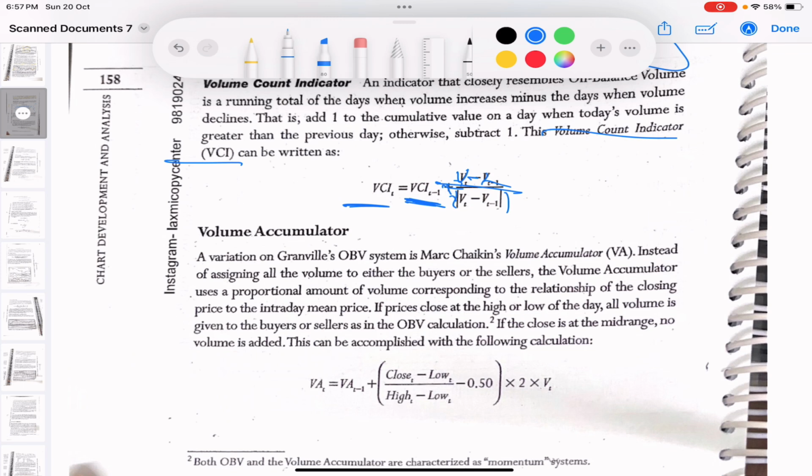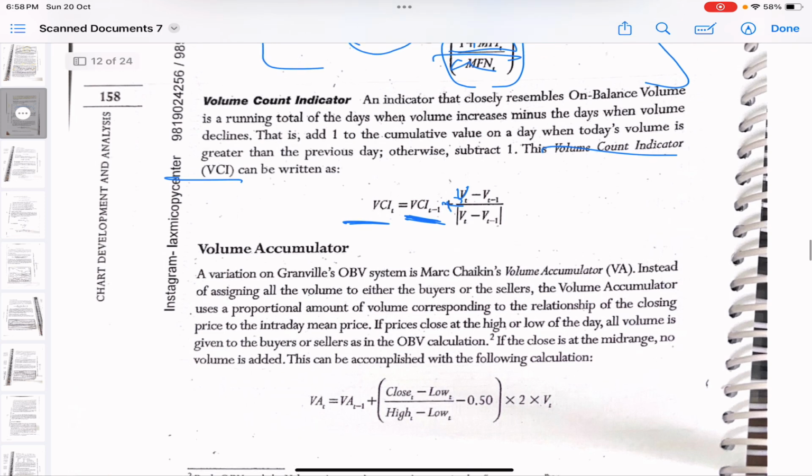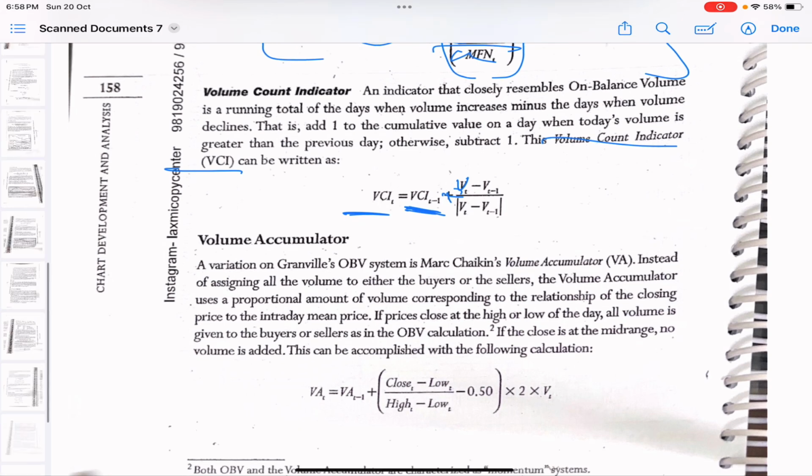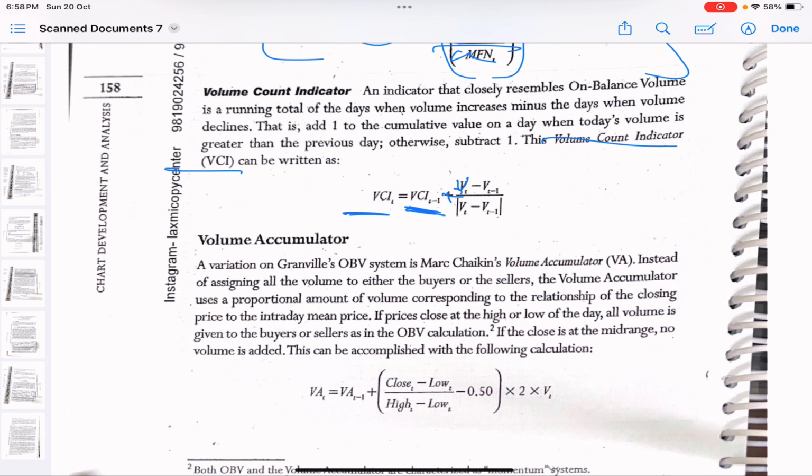Okay. Give me a second. Try to read the formula and try to learn it. I'm pausing here for a second. Just try to read this entire page, then I'll continue.